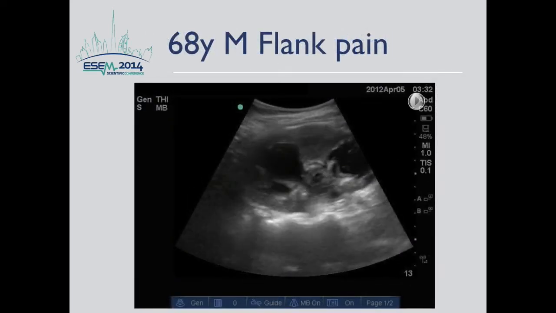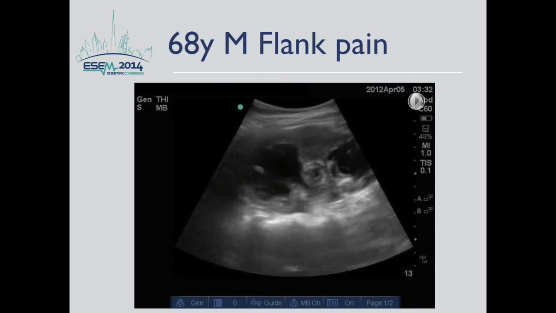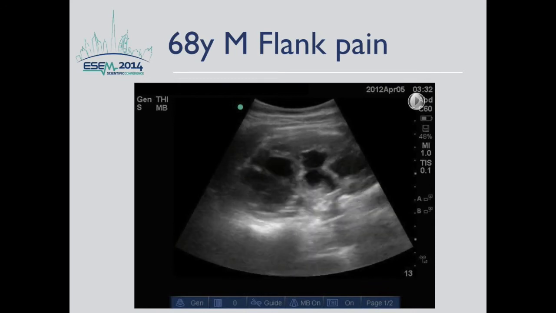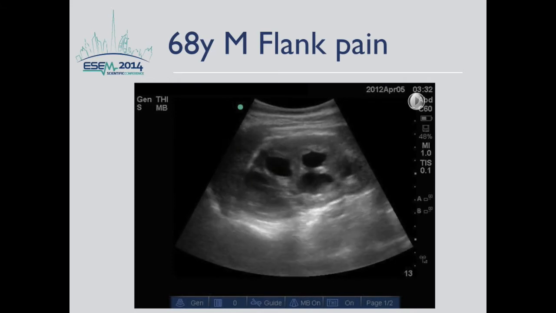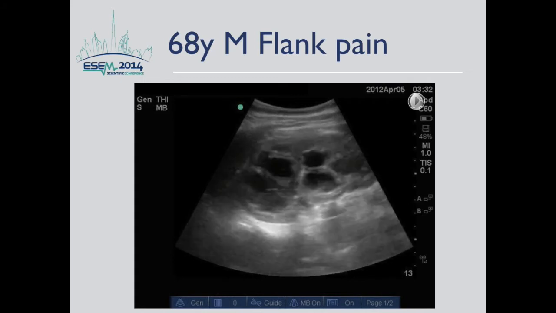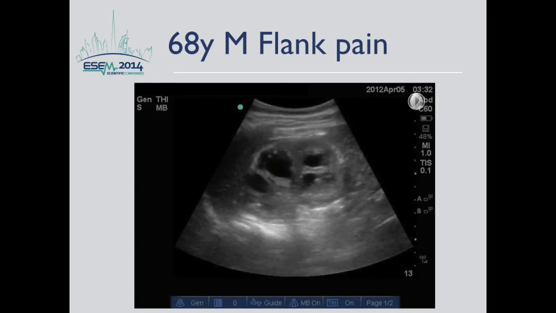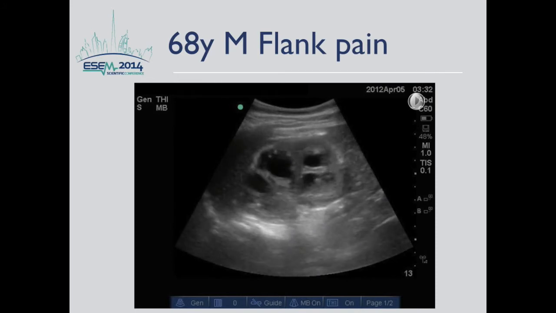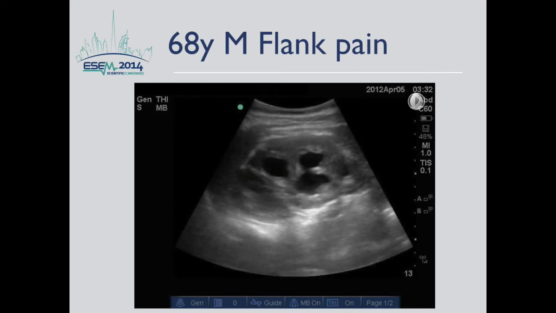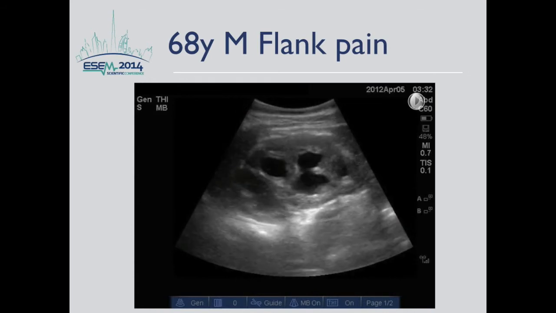Let's go through this case. This is a 68-year-old male who came in with flank pain. Obviously, flank pain in someone 65 or older is a red flag. A bedside ultrasound was performed showing significant hydronephrosis on that side. You can see that the renal pelvis is dilated and filled with fluid, which appears black, or anechoic.